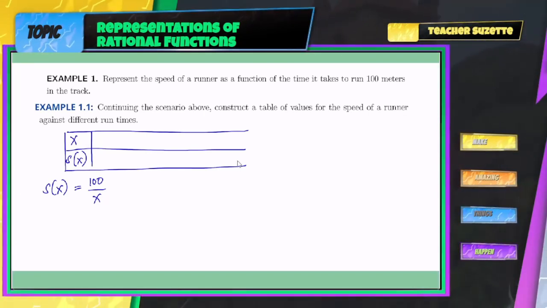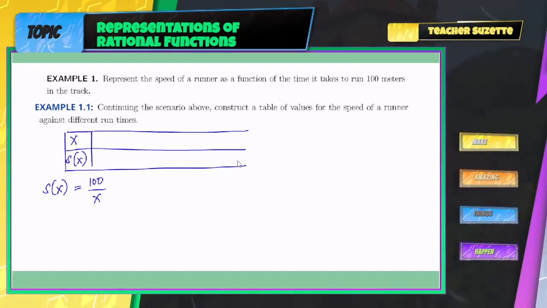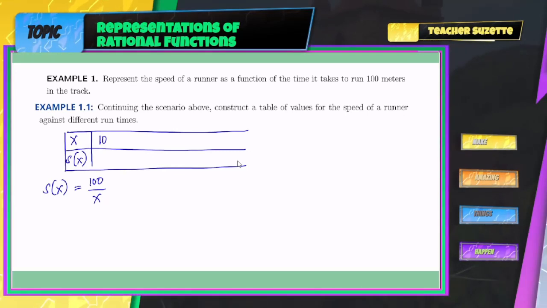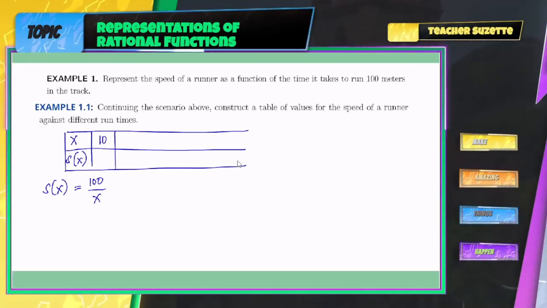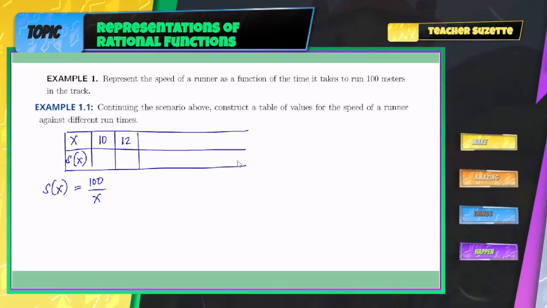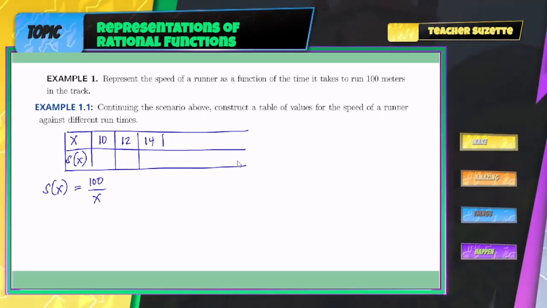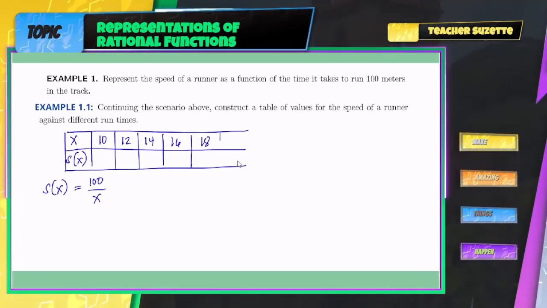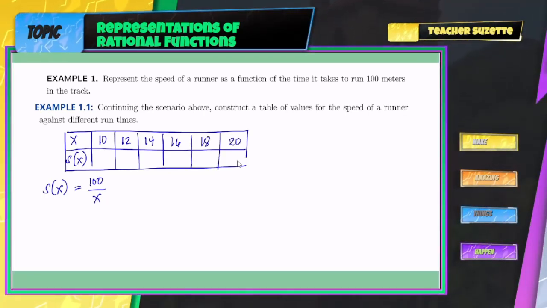So pwede natin yung gawing basis. We can start with a value of 10. Then pwede rin tayo, sunod-sunod, even, skip tayo, even: 12, 14, 16, 18, then last is 20.